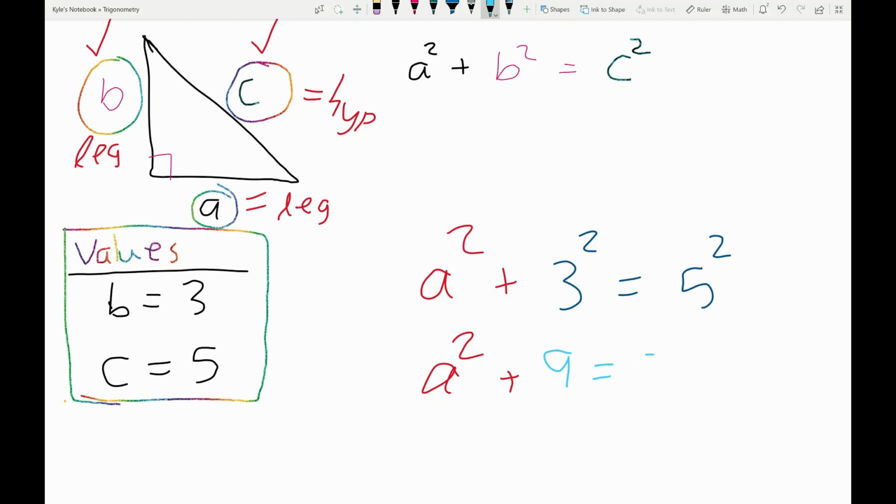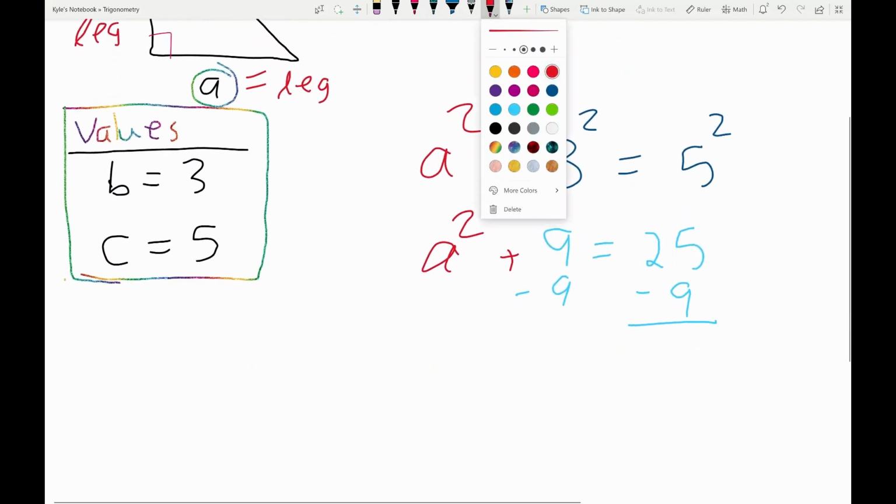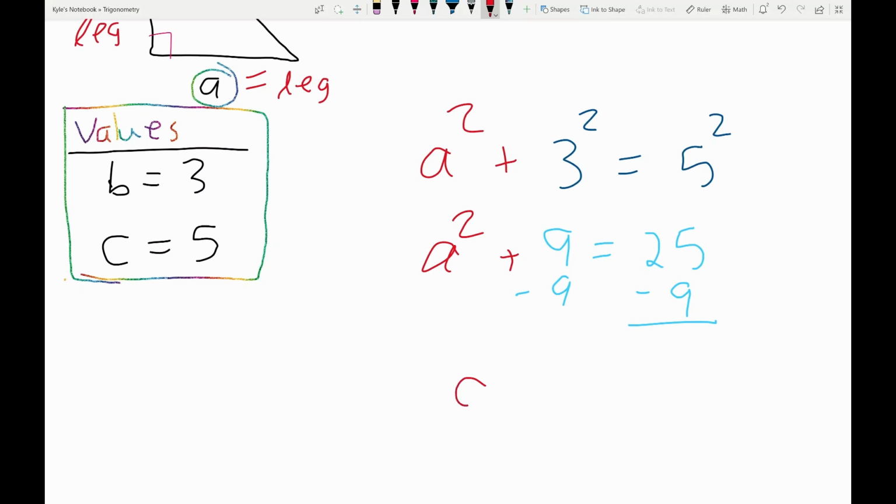So we can do some basic algebra here. We can subtract this 9 over. 25 minus 9, that's 16. So we have a squared equals 16.